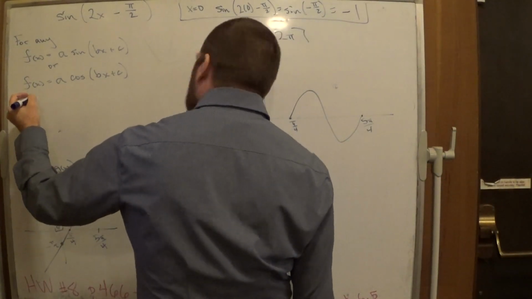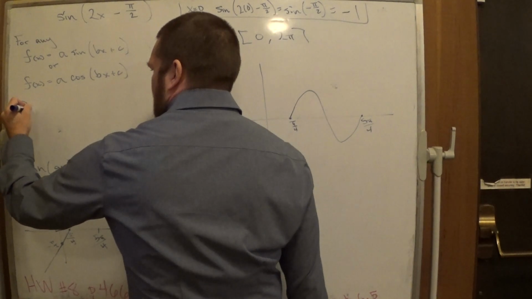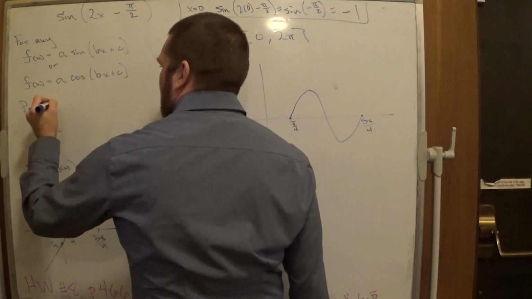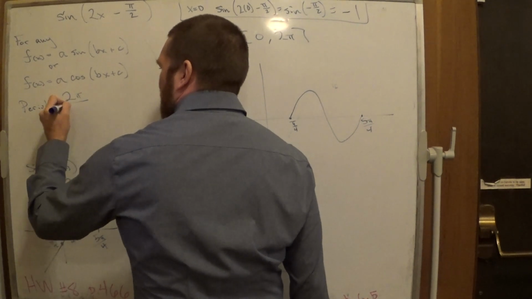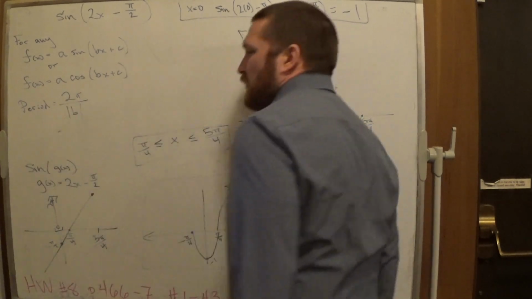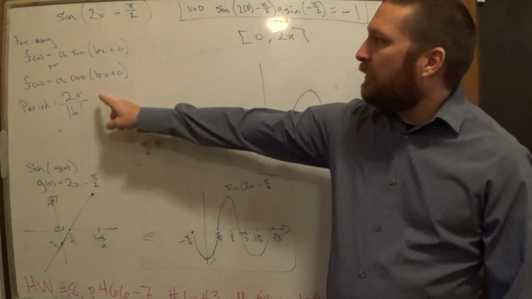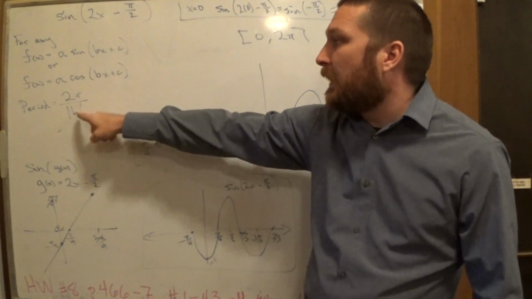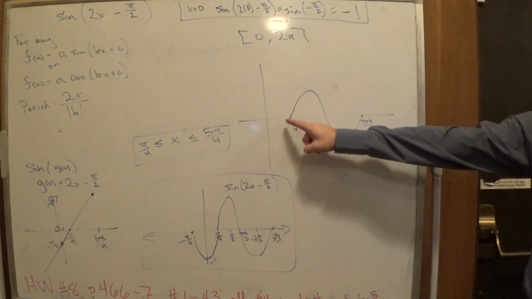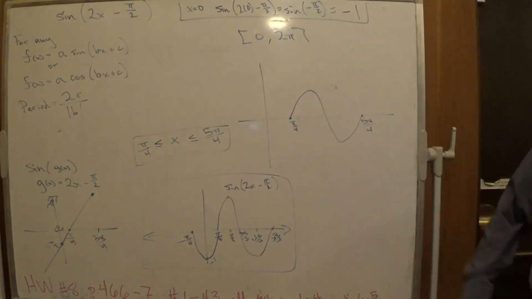The period can be found in the following way. You take 2 pi and you divide by the absolute value of b. So in our case, the absolute value of 2 is 2. You take 2 pi, divide it by 2, and lo and behold, that's what happens, right?